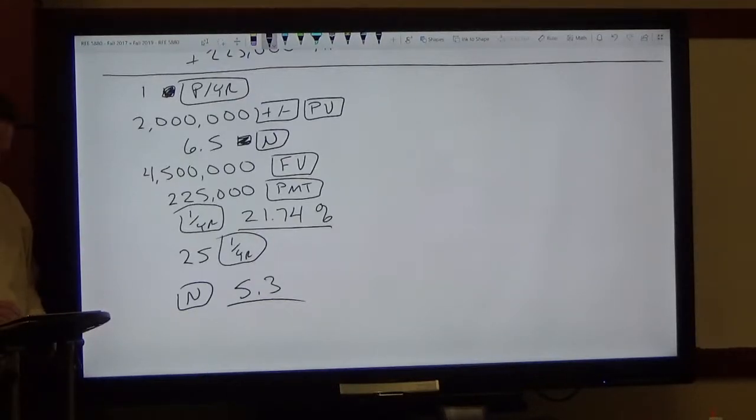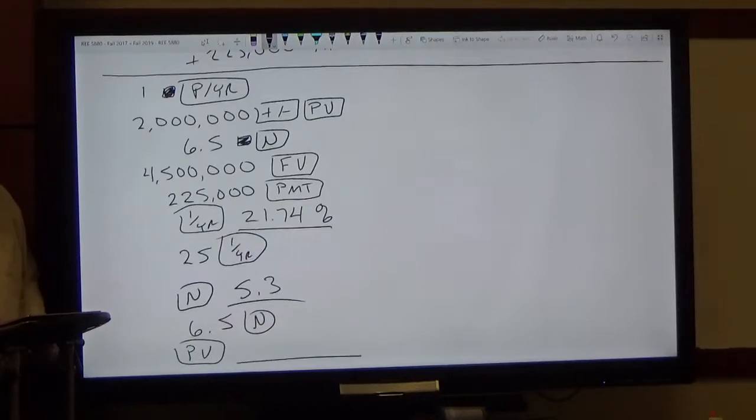All right. Now, let's put this back to 6.5 as our N. And now, let's say that we want to solve for, as we were talking about earlier, just the present value. So you have 1,744,008.740.